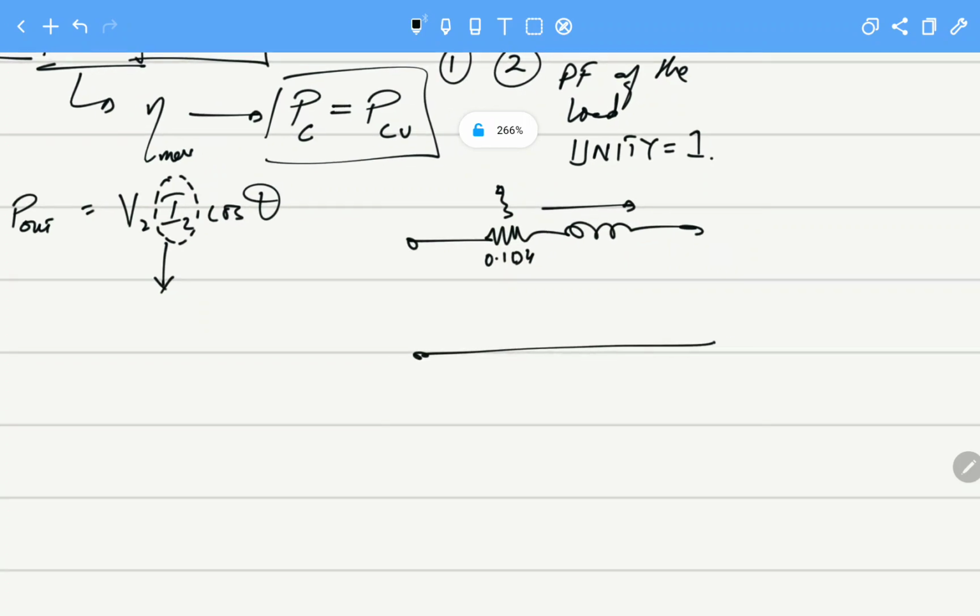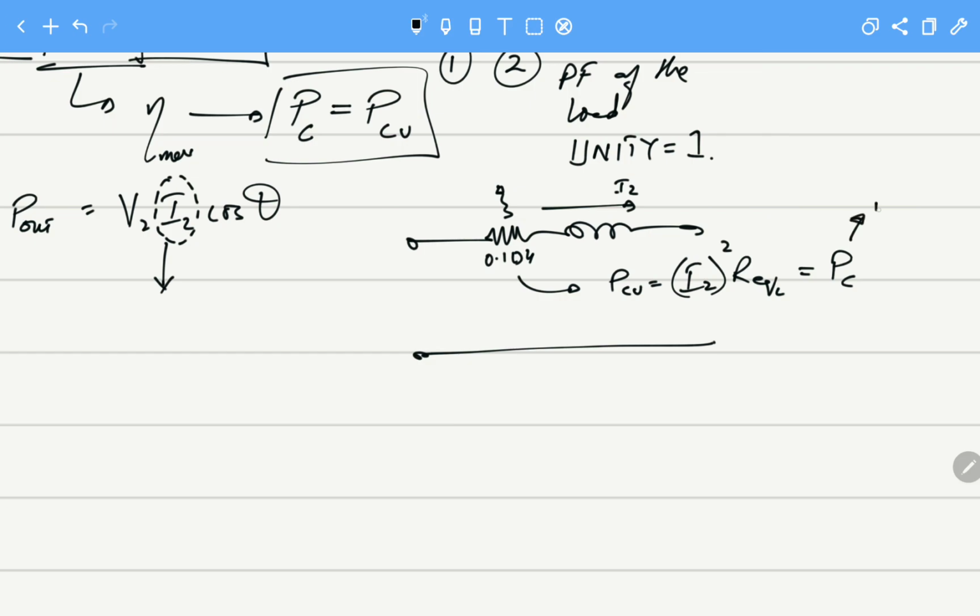So what we want is that our copper losses that are occurring here, P copper, which equals the secondary current I2 squared times R equivalent, should become equal to the core losses. This is what we want.